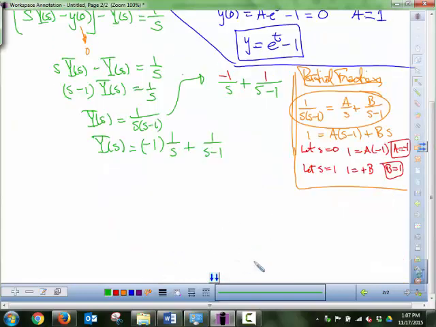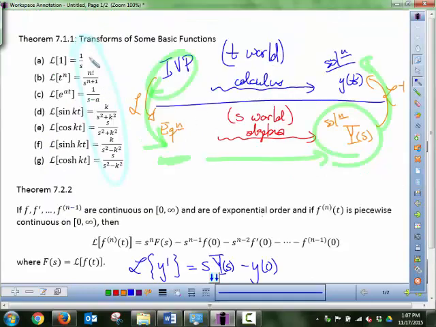So now, from here, we need to go back to the real world. And that's where we do the inverse Laplace. Instead of doing the formula for the inverse Laplace, let me just take a look at my table of values. I got 1 over s. That goes back to 1. I got 1 over s minus a, where a is equal to 1.